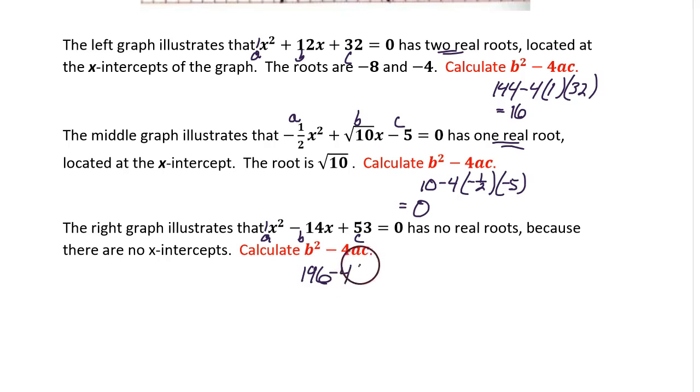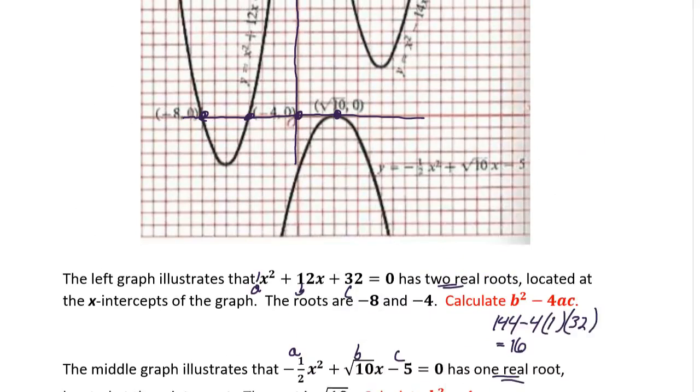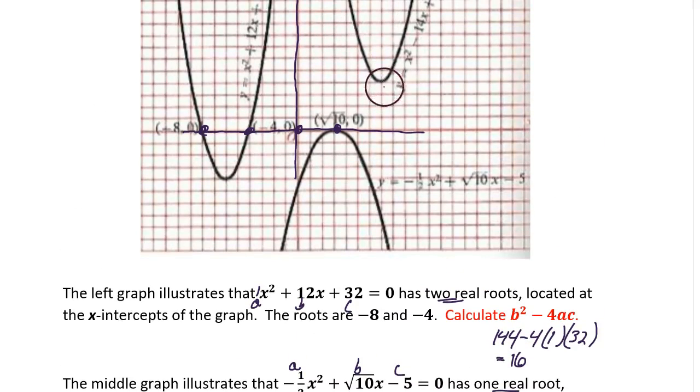And then minus 4 times 1 times 53. When I type this in a calculator, I get the result -16. The b squared minus 4ac makes a negative number. And when that happens, there are no real number roots. The parabola does not intercept the x-axis.